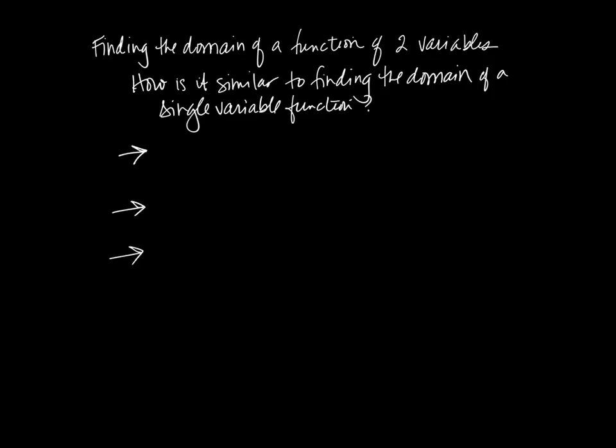Okay, so we want to find the domain of a function of two variables because we're going to be examining these functions. We're going to find maxes and mins of them, just like we did for functions of single variables. And so how is this similar to finding the domain of single variable functions? A lot of it is very, very similar. We're really still trying to avoid these three things, right? Can't divide by 0.